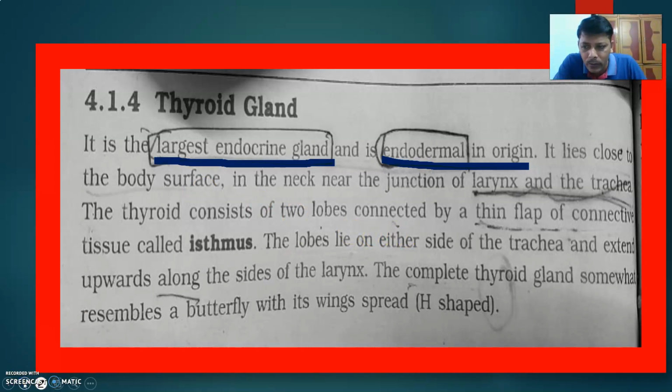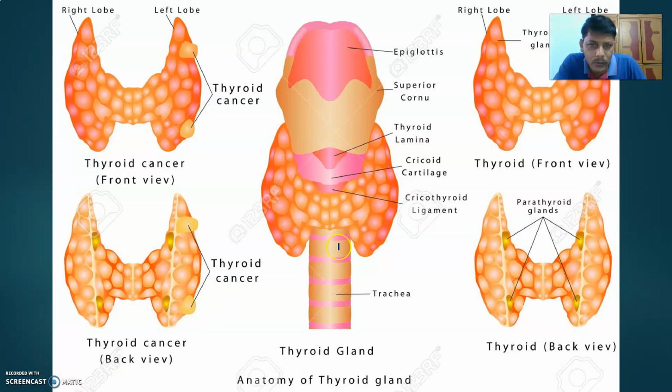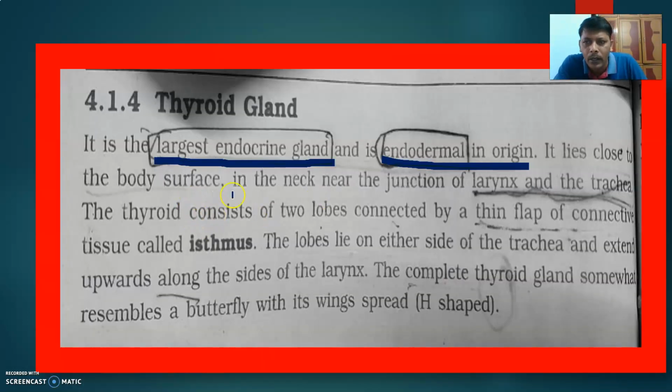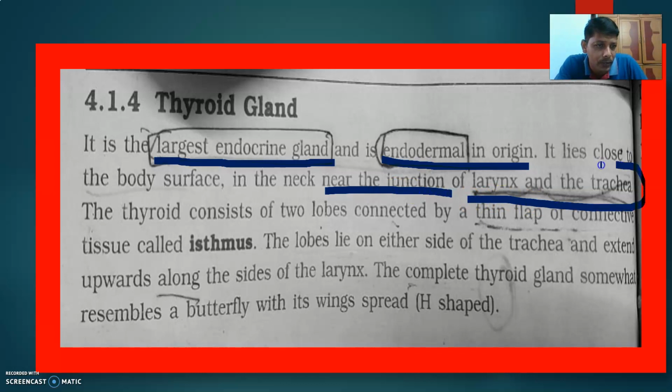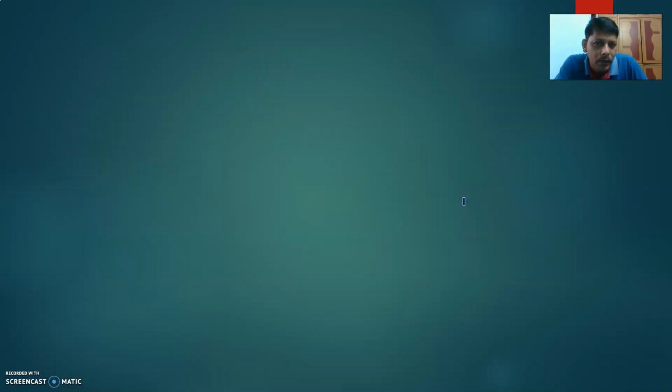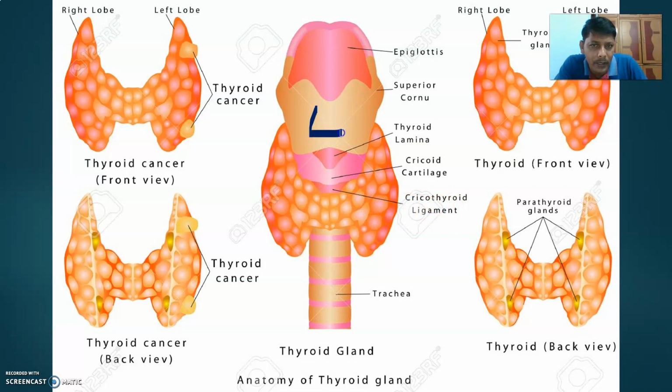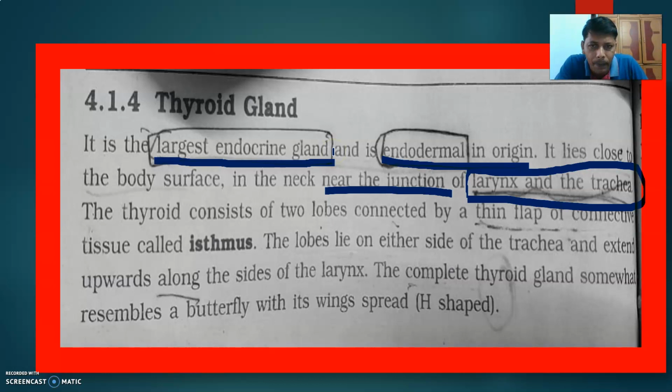I showed you this in the previous parts. This is the larynx and this is the trachea, and the gland is present at the junction between these two. The thyroid consists of two lobes.